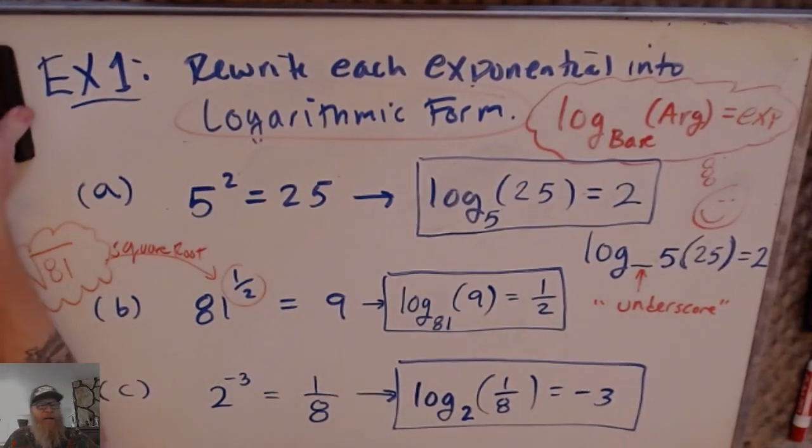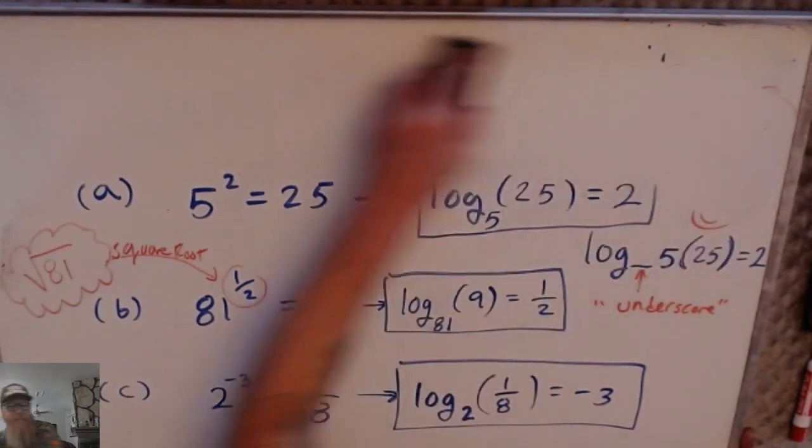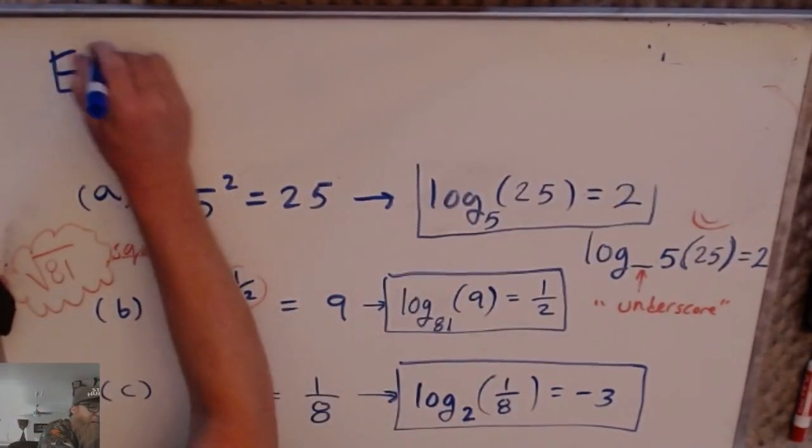One type of exponential that's very easy to remember is base 10.